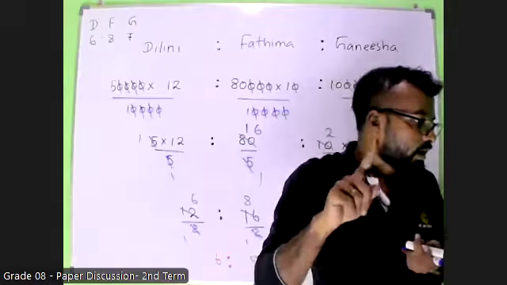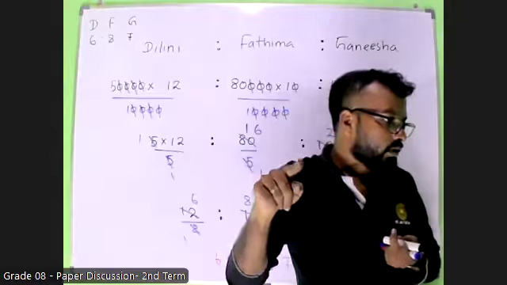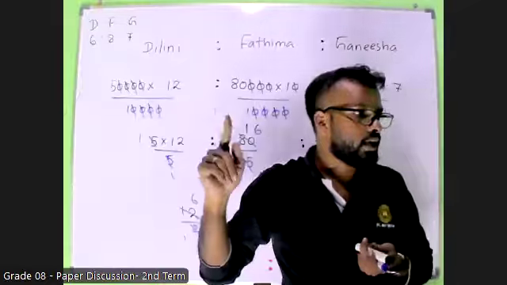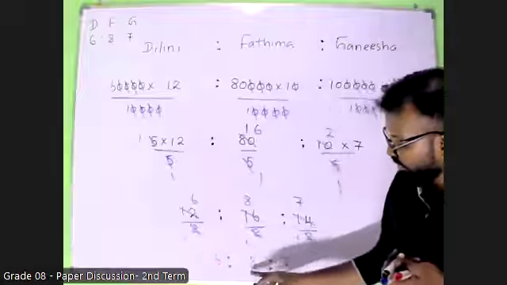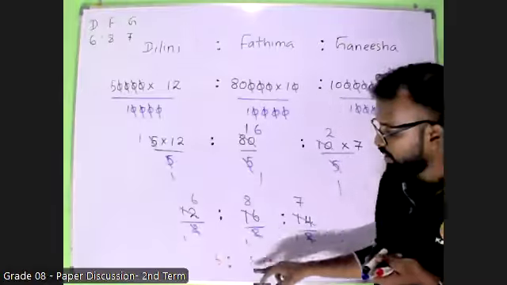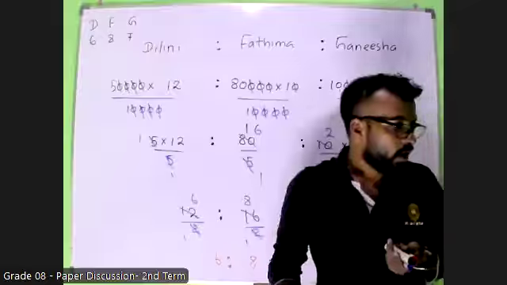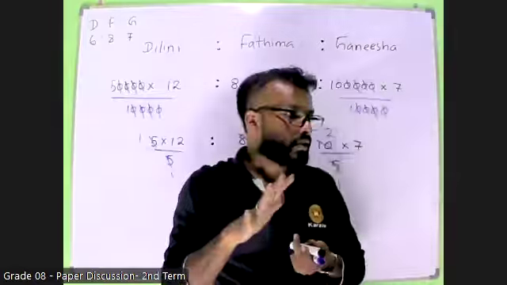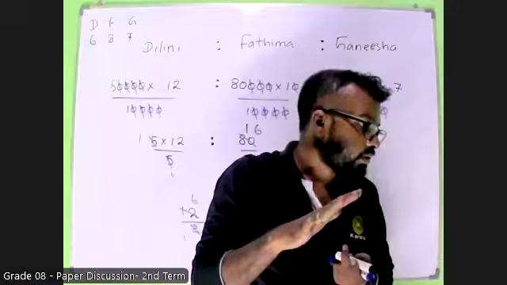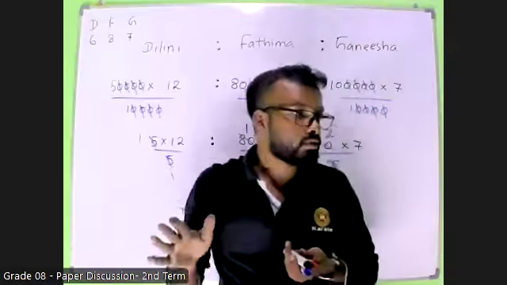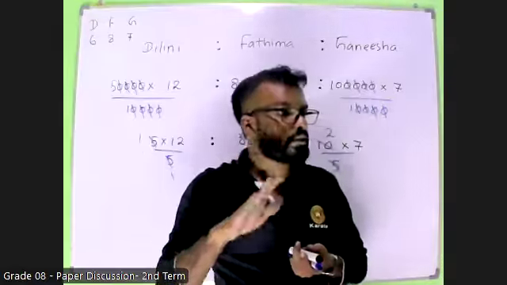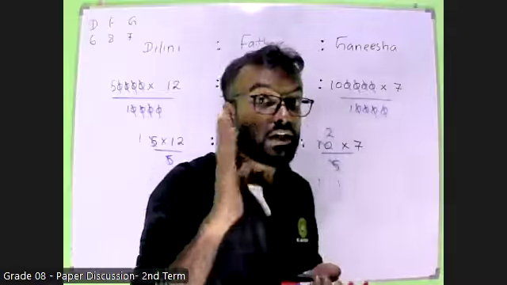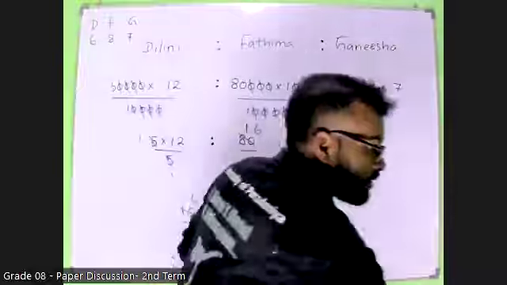Then find the ratio which they used to divide the profit they received from the business at the end of the year. So this is it, 6 to 8 to 7. This is the answer for the third one. If the profit they received from the business is 210,000, find separately the profit each received. So that is the thing that you need to understand very well.